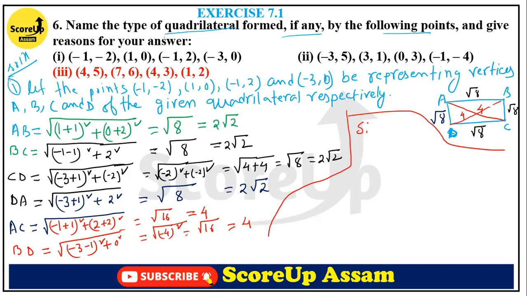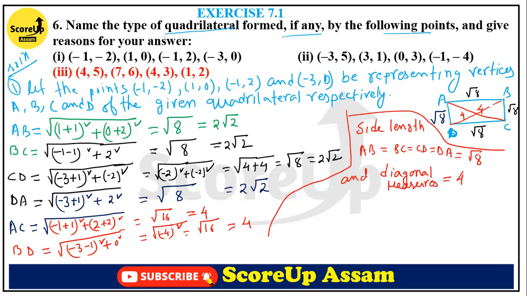Side length AB is equal to CD is equal to DA is equal to root over 8. And diagonal measures 4 units. Okay.